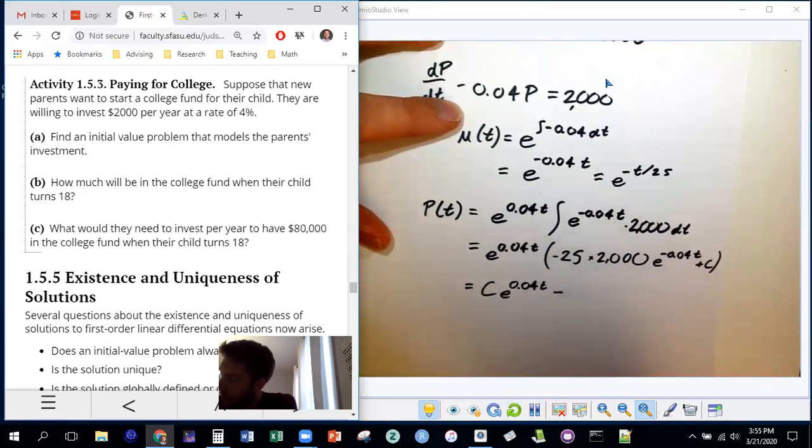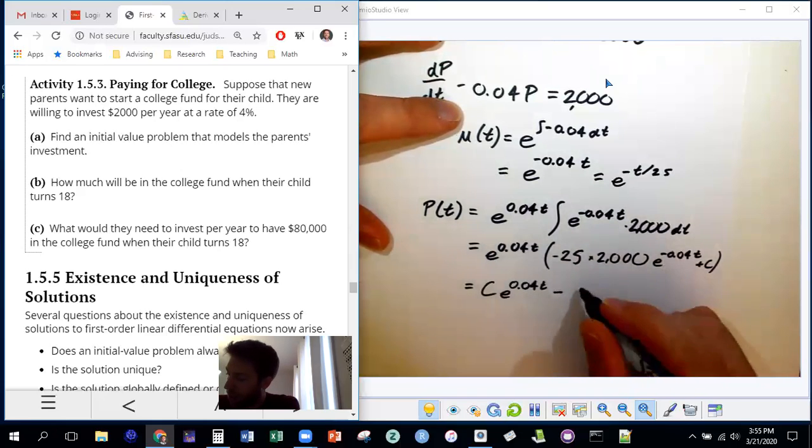So that times that becomes 1. 25 times 2,000 would be 50,000.